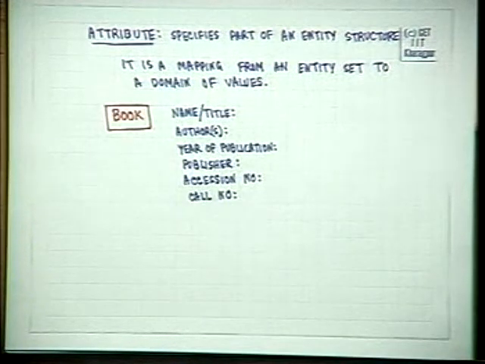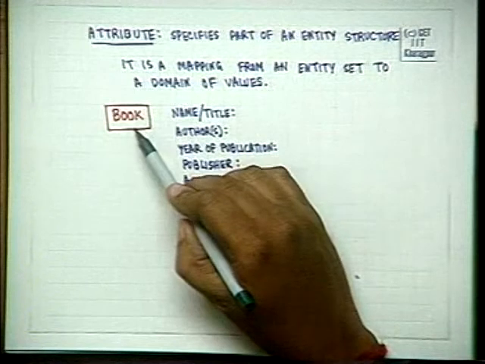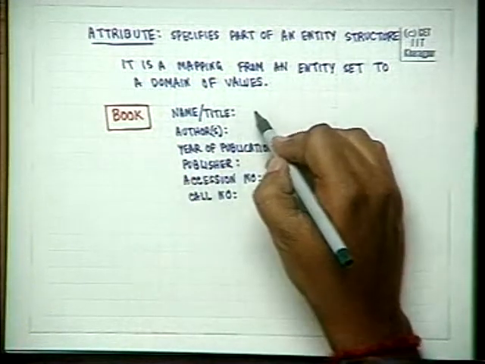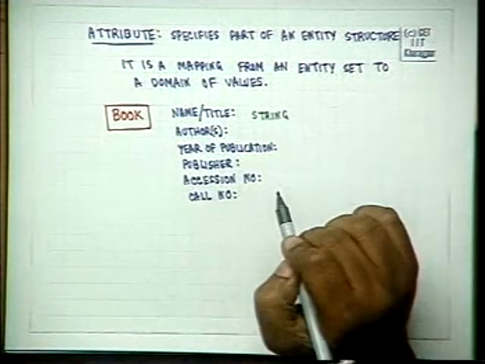Now, what are these? These are mappings to some domain of elements. For example, this is a mapping from the entity set book to a string.